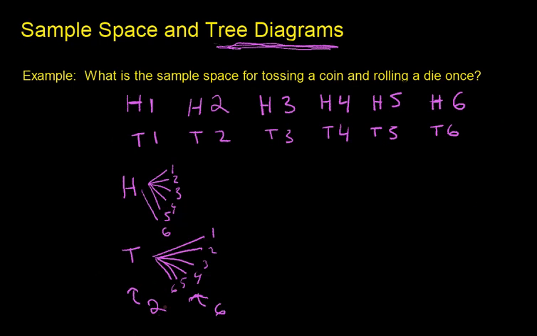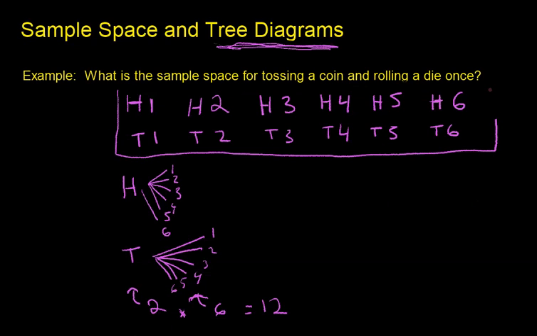It turns out if you multiply the number of possible outcomes for flipping the coin by the number of possible outcomes of rolling the die, so take 2 times 6, this equals 12, and that is the total number of events that you should have in your sample space. So that's a good way to check that you've included all the events in your sample space.